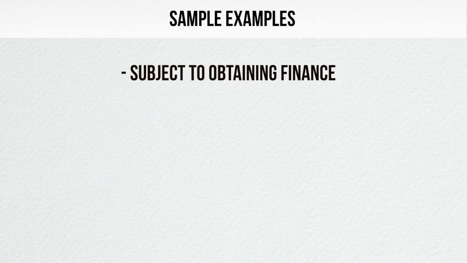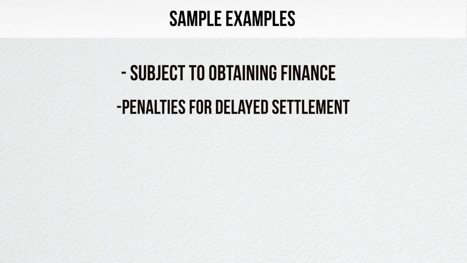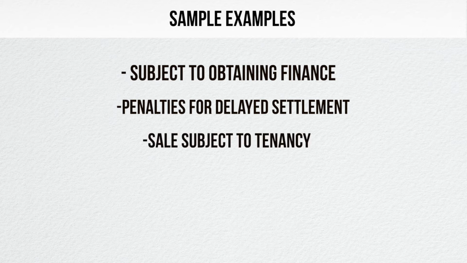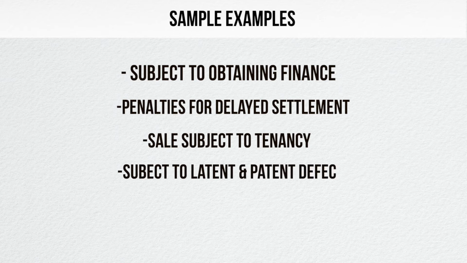There could be any special conditions as well. Special conditions are extra conditions that are put in the contract by you or the vendor. They can be about anything to do with the property. For example, that the contract is subject to you obtaining finance, that there will be penalties for a delay in the settlement, that the sale is subject to tenancy, etc., that you take the property in its current condition subject to latent and patent defects.